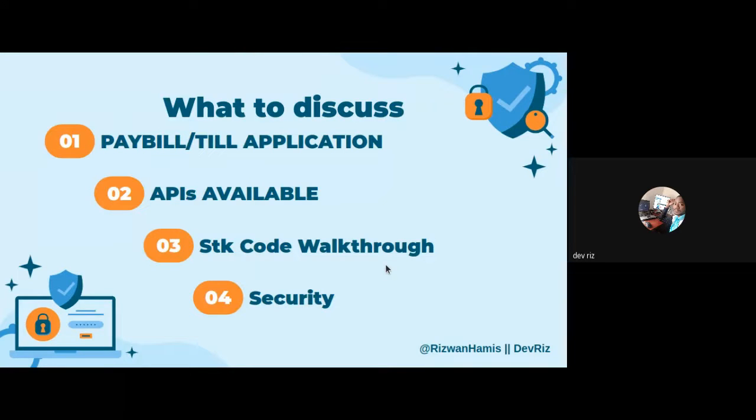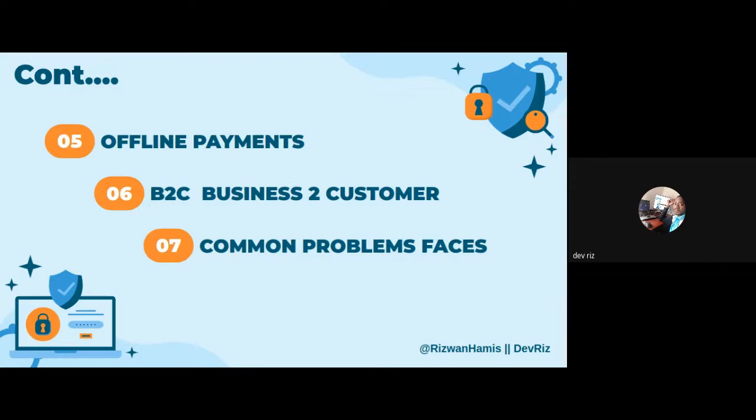Remember, you're handling money. So it's not just a matter of it working, but rather making it a bit secure. I know that you can't be 100% secure, but it's good to have a kind of security in your integrations. Then after that, we are going to discuss how to handle offline payments.